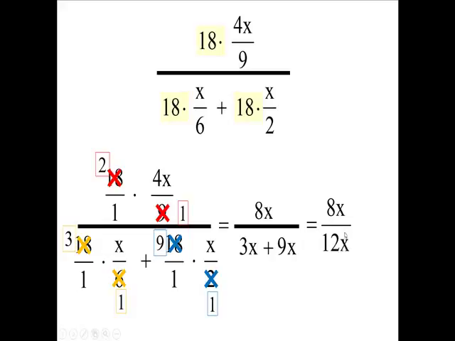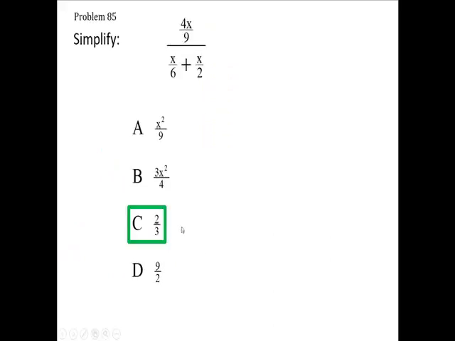We don't have x, because x over x is 1, so the x is gone. Then I have 8 over 12. I could reduce both the 8 and the 12 by 4. 8 divided by 4 is 2, and 12 divided by 4 is 3. So your final answer now is 2/3. So we're going to pick answer C.